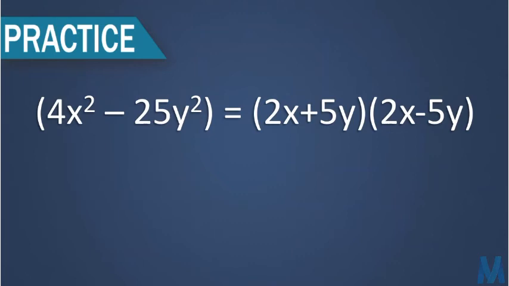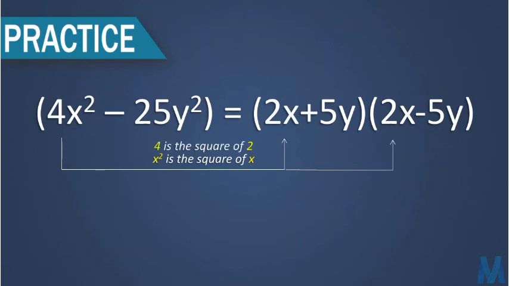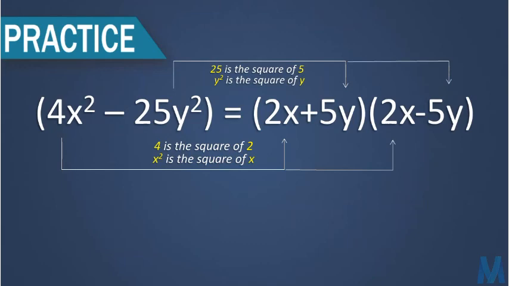Okay, so the factored form is 2x plus 5y times the quantity 2x minus 5y. Okay, x squared is the square of x, 4 is the square of 2, and if we combine that it is 2x, while 25 is the square of 5 and y squared is the square of y. So if we combine that it is 5y.